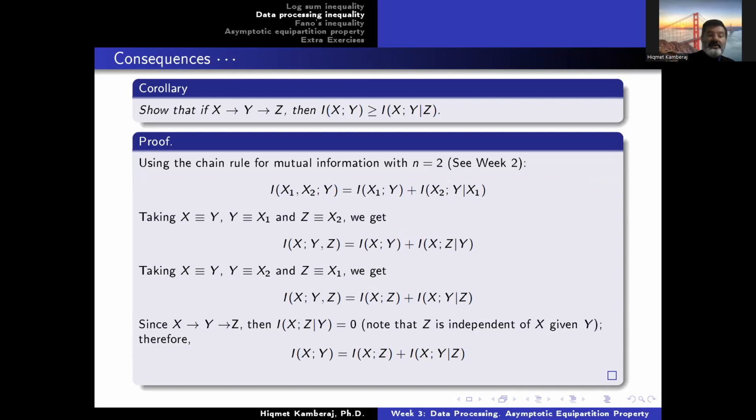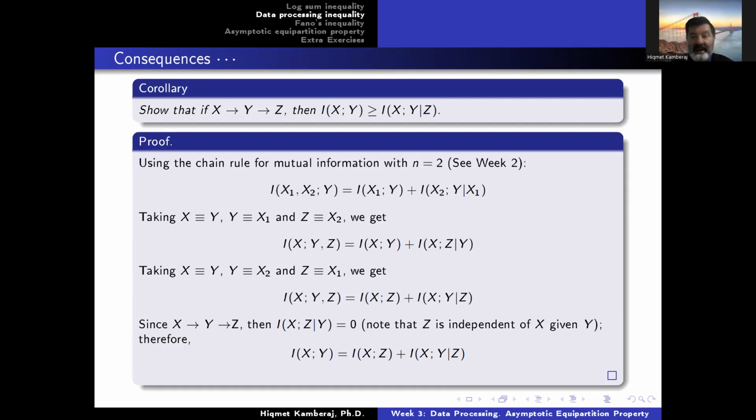Now, again, using the chain rule of the mutual information, with n equal to 1, from week 2, we have the mutual information between the pair x1, x2, and y is equal to the mutual information between x1 and y plus the mutual information between x2 and y given x1. Now we make some changes on the variables.